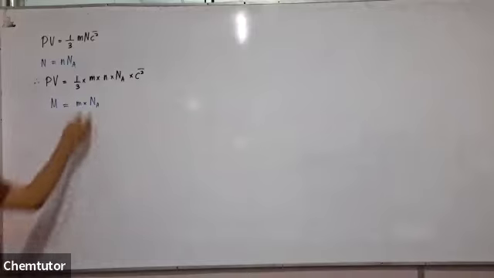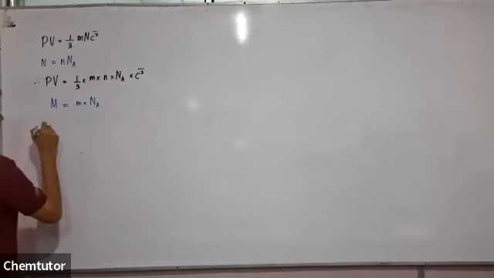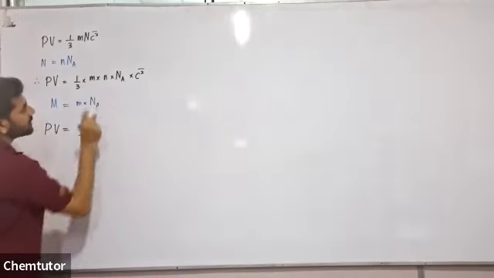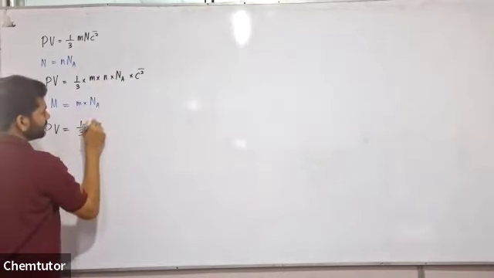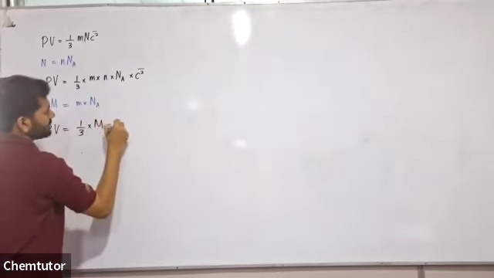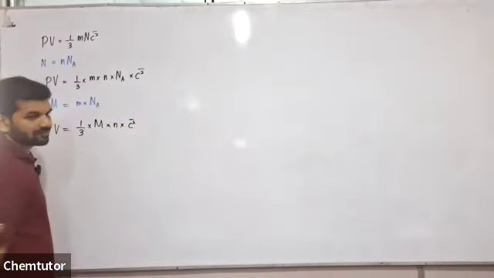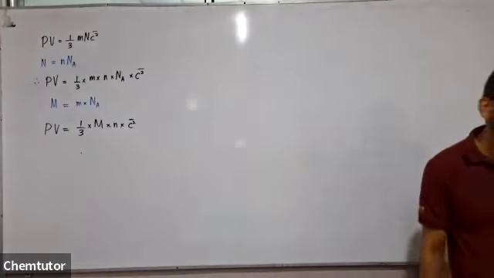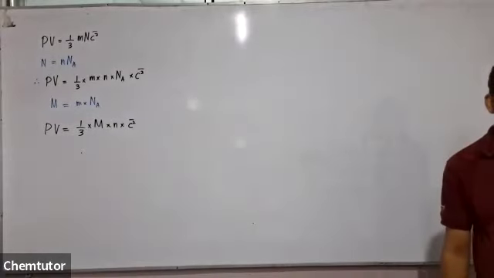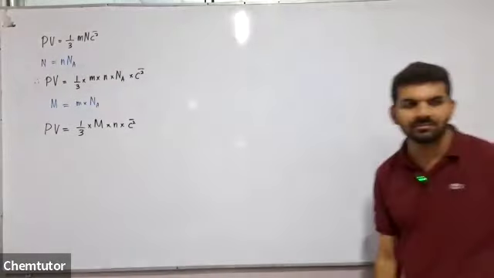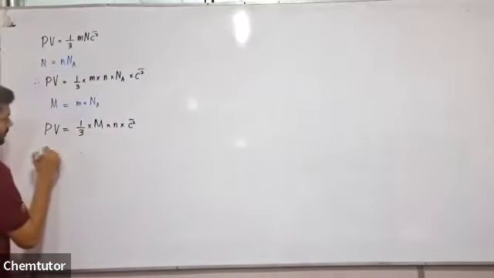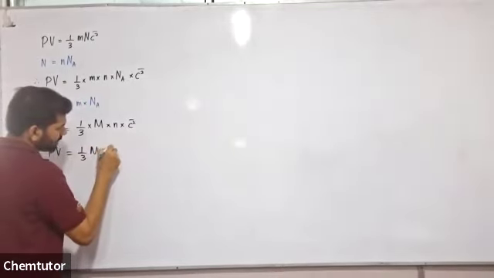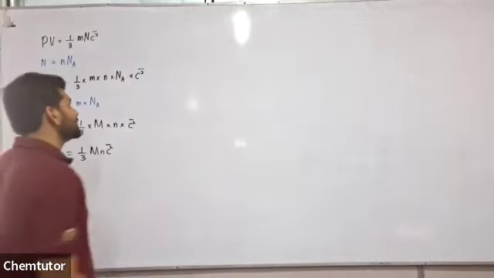Then we can replace this m and N_A with capital M. So we can say PV equals 1/3, so m into N_A is capital M, and n is there, c square bar is there. So then PV equals 1/3 M n c square. You can simply write it as PV equals 1/3 M n c square.